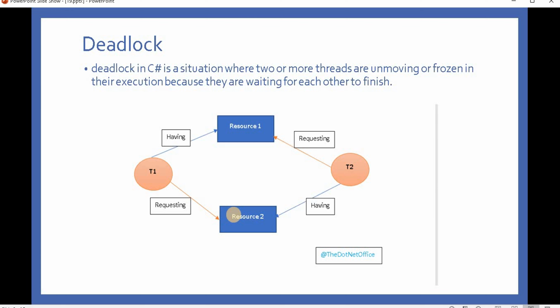So let's say we have two threads, T1 and T2, at the same time, and two resources, resource 1 and resource 2.